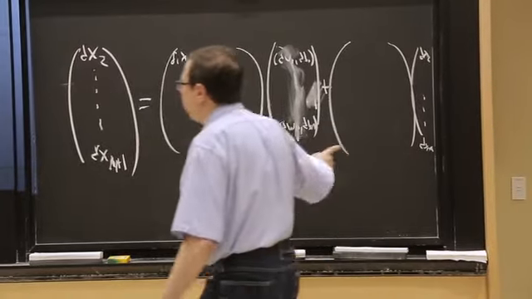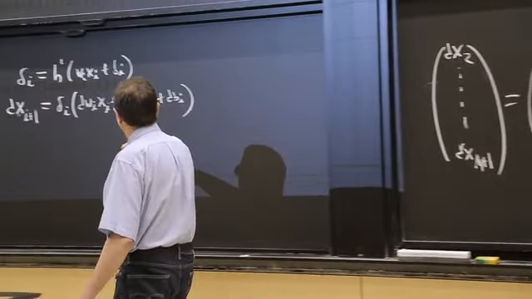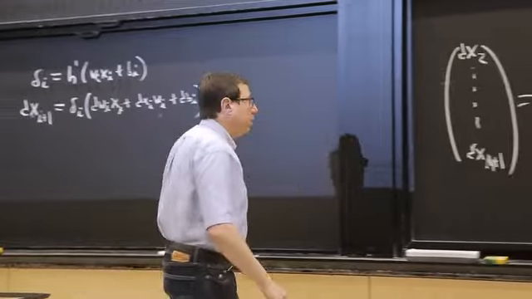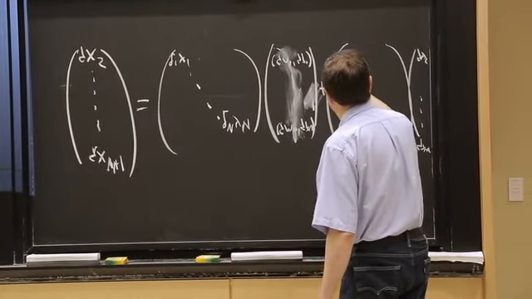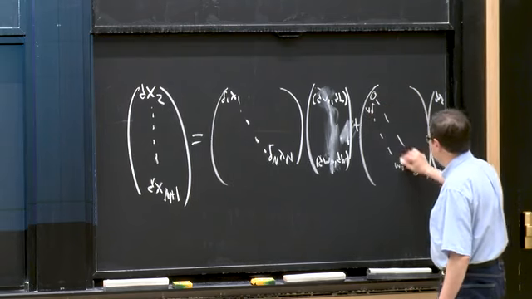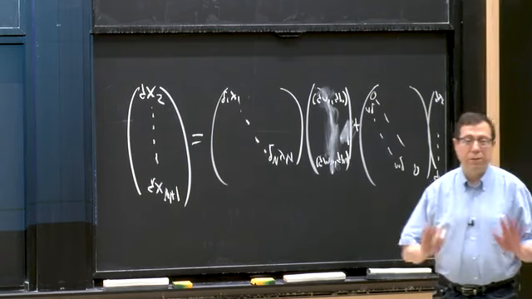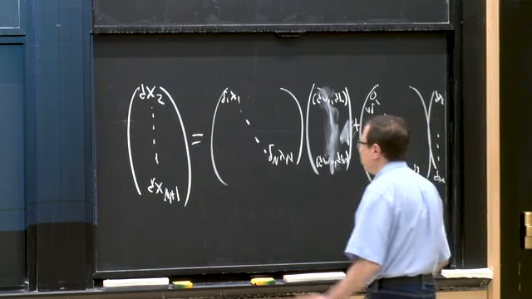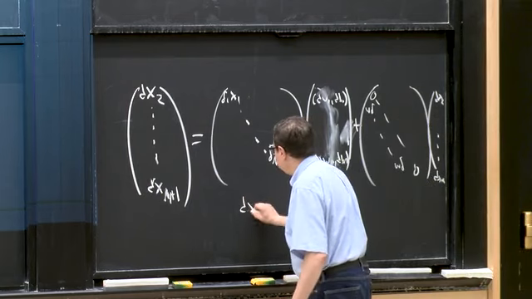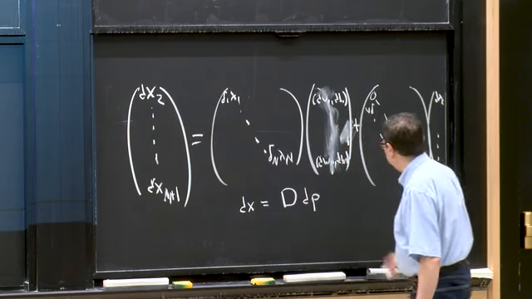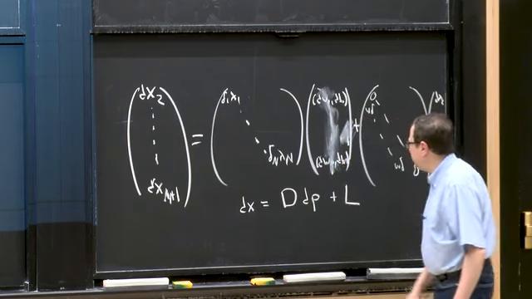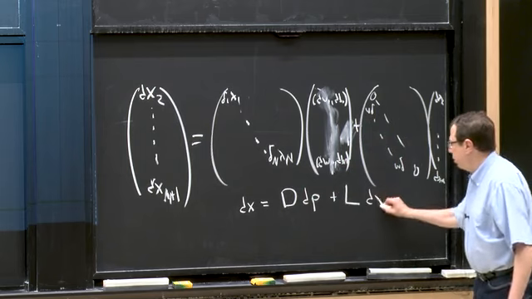And then what do I have over here? Here, I'd have the delta w's. If you check, you'll see that this will be, I'm not going to get the indices right, and I don't have time, so I'm just going to write it like this. And now I'm just going to give you the end of the story because I've run out of time. You could write all this as dx equal to a diagonal matrix times the derivative of the parameters plus a lower triangular matrix times dx again.